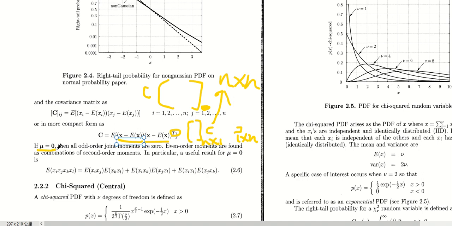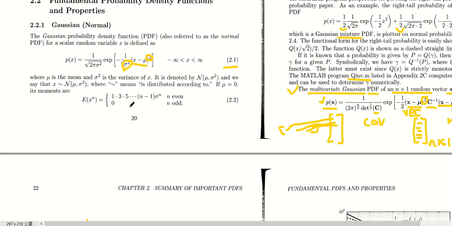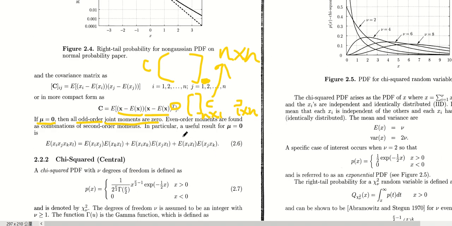Okay, if mu equals 0, then the odd order joint moments are 0. This is similar to page 20, something like that. So even order moments are found as combinations of second order moments.